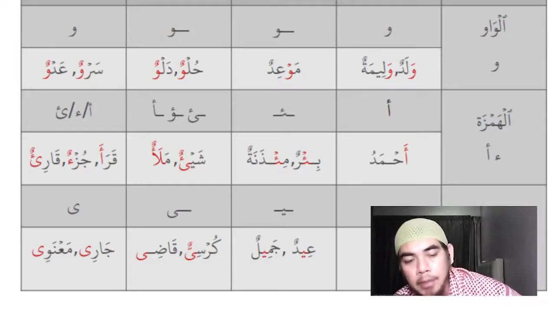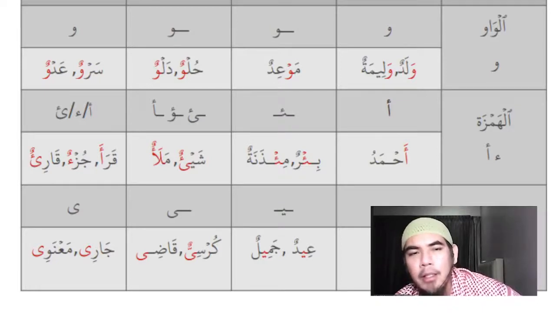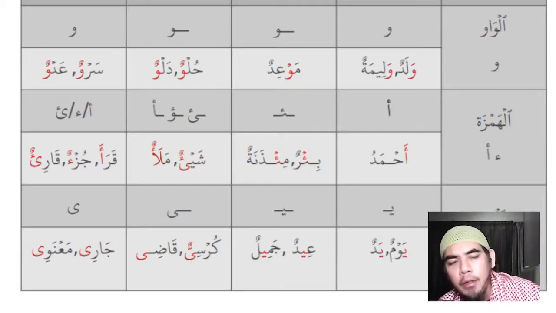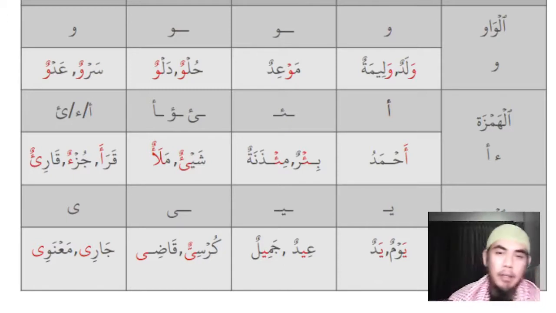But with hamzah, sometimes you just need to focus on the small hamzah, because it will sometimes appear above alif or below alif, or it will appear on a hook suddenly without any dots, but it's hamzah there.